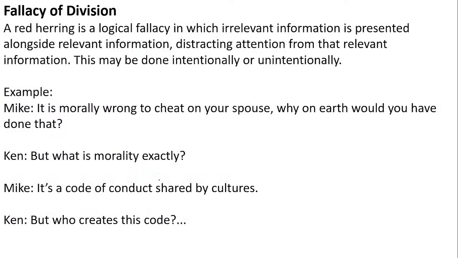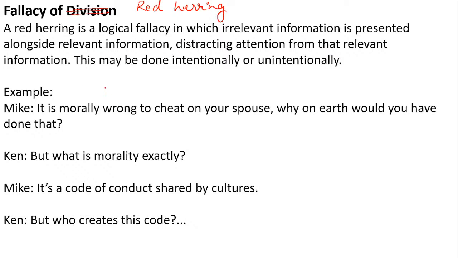Another type of fallacy. Okay, so this is red herring. Red herring is a logical fallacy in which irrelevant information is present alongside relevant information, distracting attention from the relevant information.